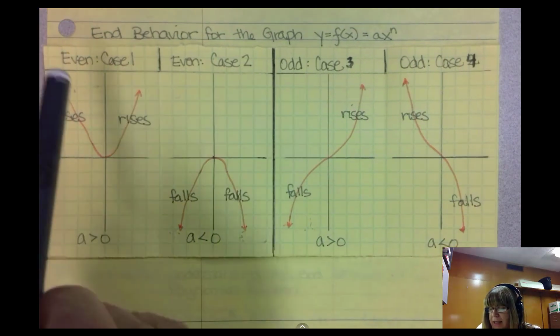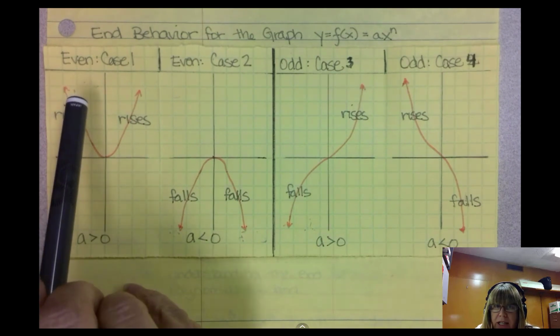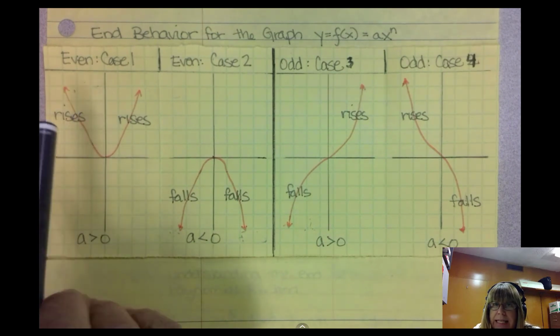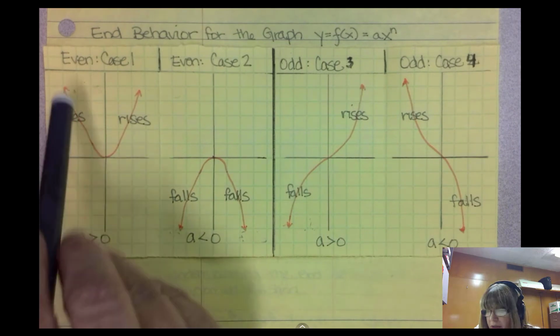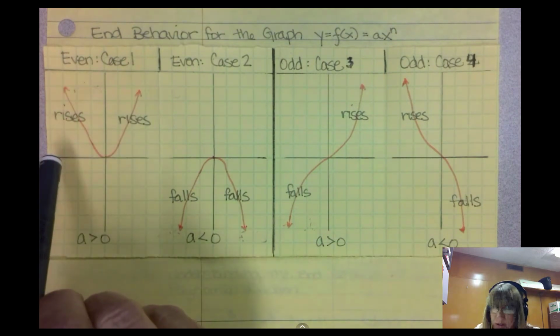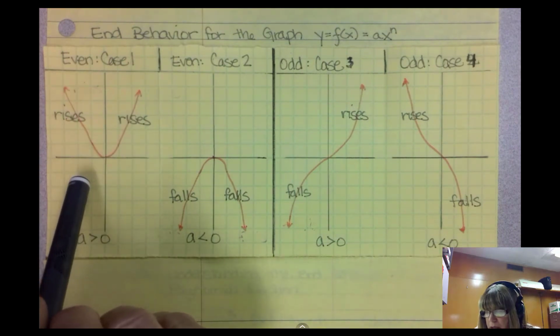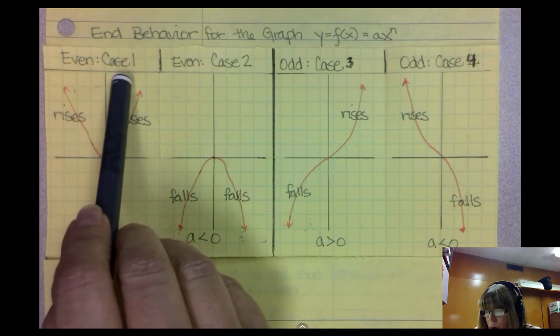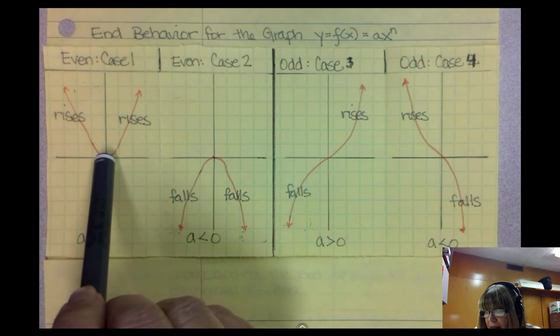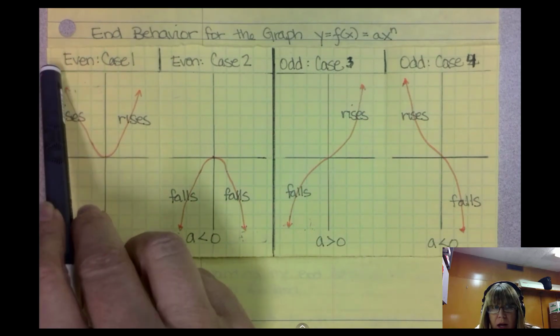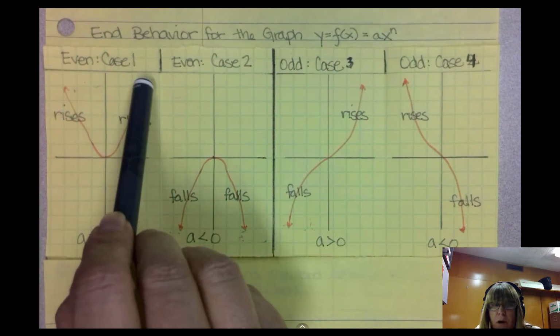When our function is an even function, it takes on the appearance of a parabola, right? The squaring function. It might do some stuff in the middle a little bit different, but ultimately, in case 1, we're going to have our function go off to positive infinity on both sides.